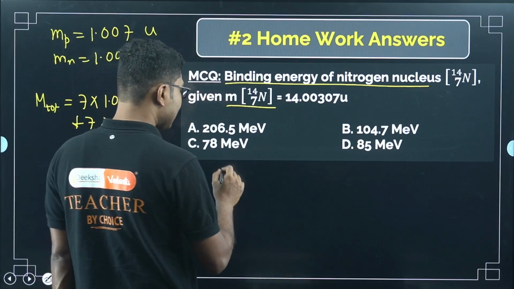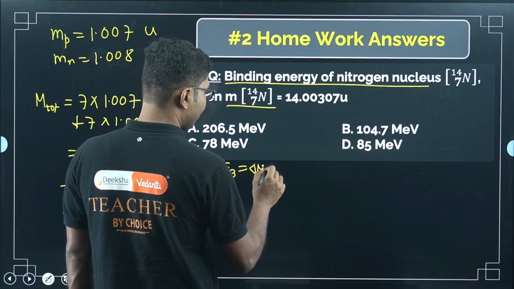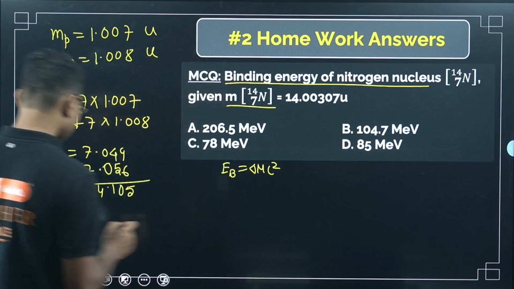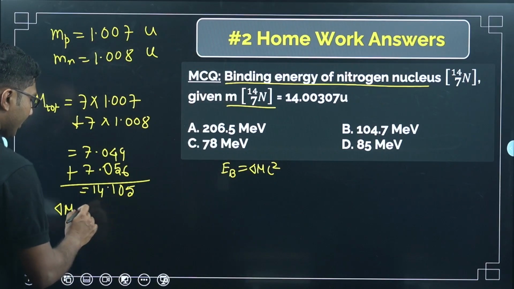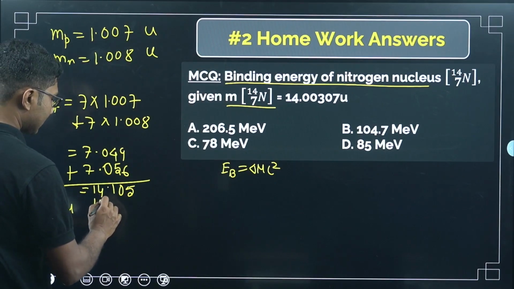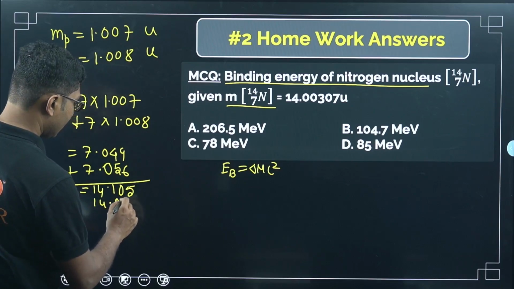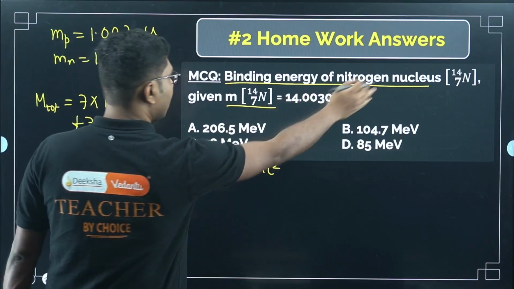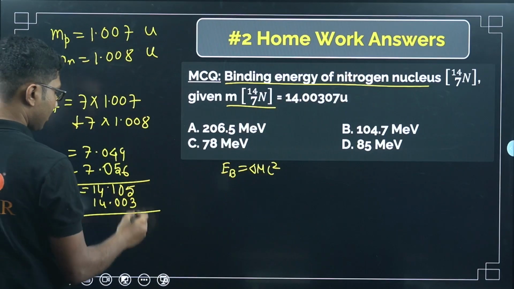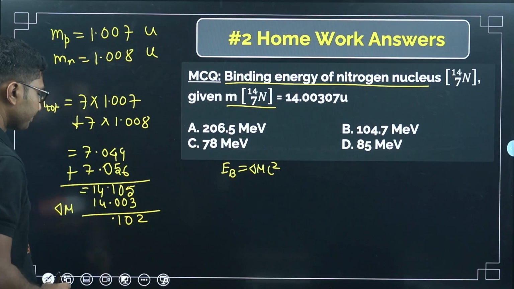So the difference in mass should be converted to energy as binding energy. So binding energy is delta M C square, right? First of all, let us calculate the delta M as well. We subtract the mass of the nucleus, 14.003. You can ignore the rest of the part, so it will come out to be 0.102.